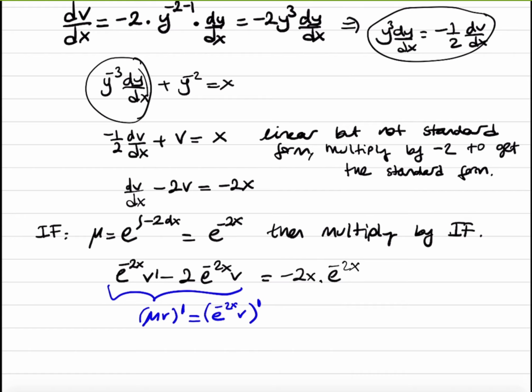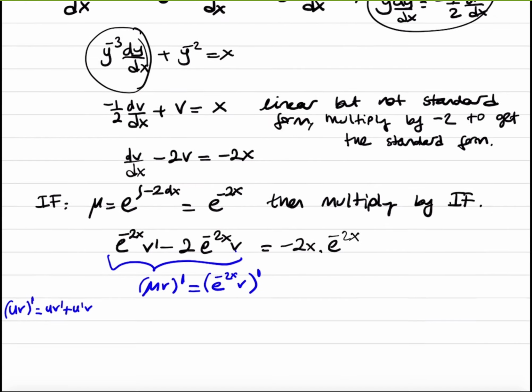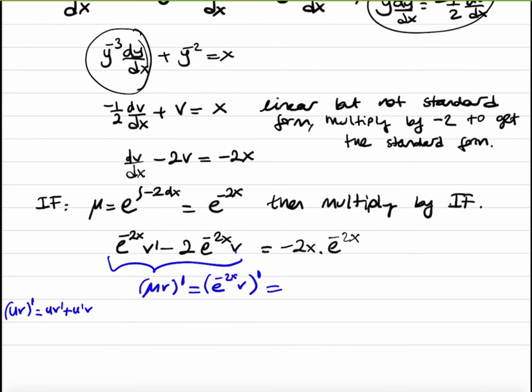The derivative of the product, that's right, because the derivative of e to the power minus 2x is minus 2 times e to the power minus 2x. Plus we have the other derivative. So the derivative of u v is u v prime plus u prime v. And it is equal to minus 2x e to the power minus 2x.